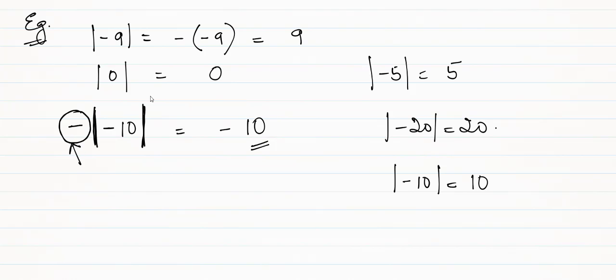I apply the absolute rule from here to here and get the number 10, followed by the minus sign. So the final result is minus 10. I suppose it must be very clear. This is a very important question and it comes in the exam many times. So children, you are not supposed to make any mistake while solving it.